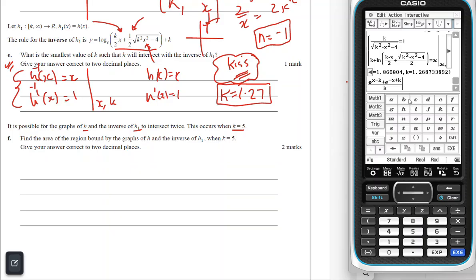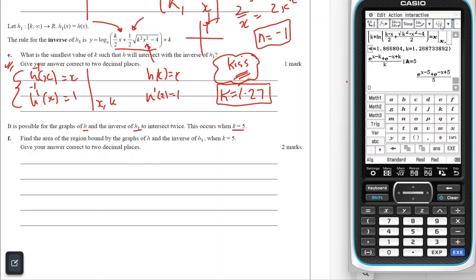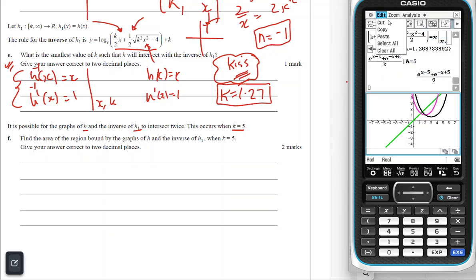Given k equals 5, I believe that it will have a turning point over at 5. Variables k equals 5. Open up the graphing window. Get rid of everything that's already there. Pick this up, drag and drop.